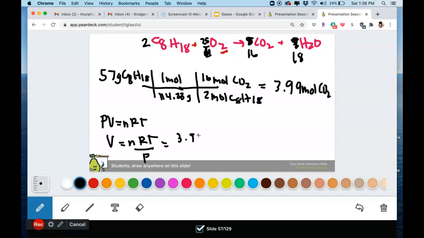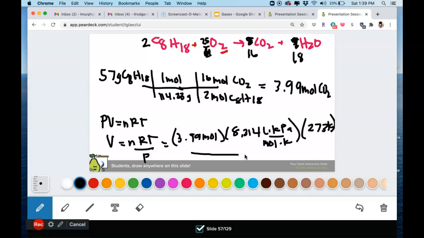My moles are 3.99 moles. What's my R? That one was kilopascals, and the one that goes with kilopascals is 8.314 liter kilopascal over mole Kelvin. And the T is temperature in Kelvin. I think it was 0 Celsius, so that's 273 Kelvin. And then the pressure was 101.3 kilopascals.